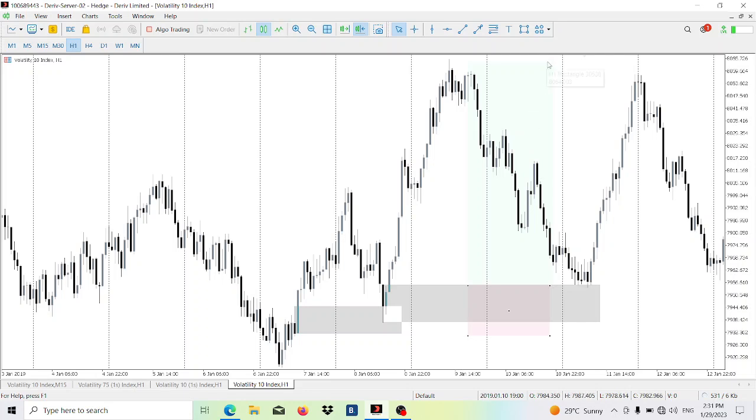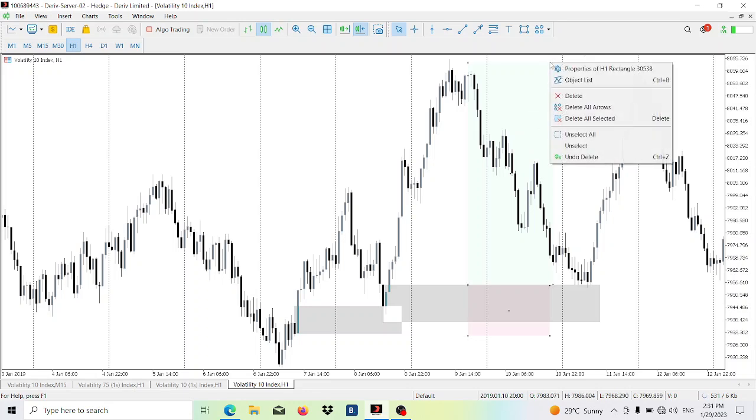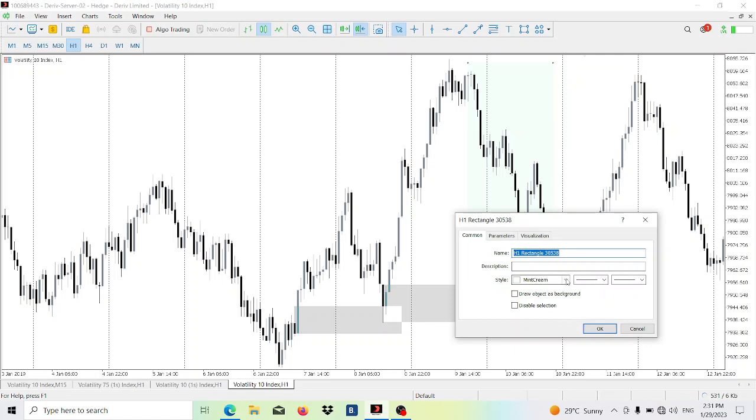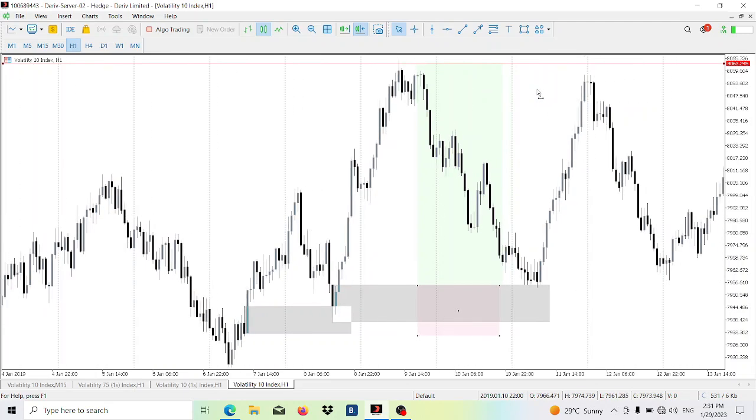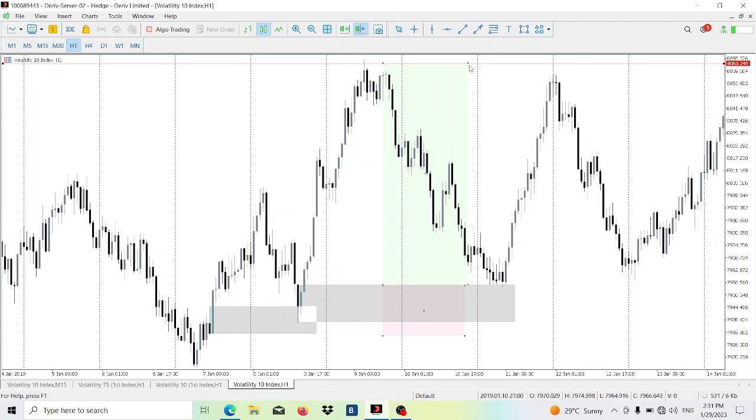Then boom, would you look at that? When the market came at the zone, we had big profit taking. The market didn't quite get up to the target as yet, but this is our target.